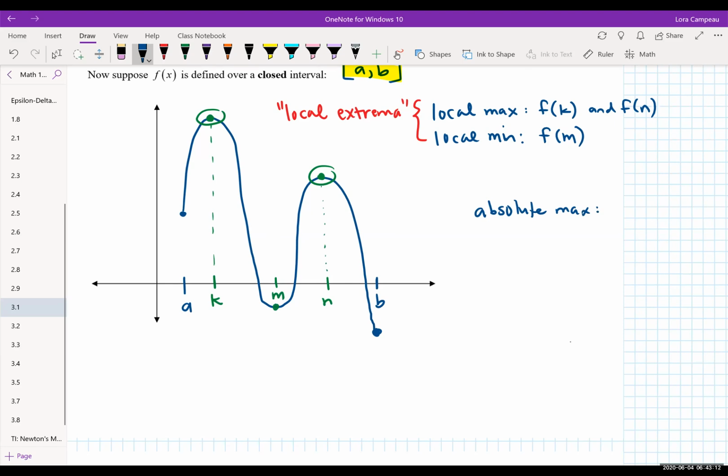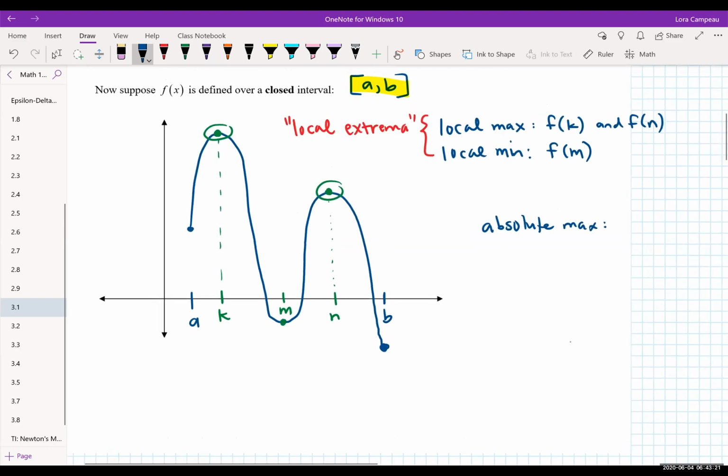So let's look for the highest of the highs. The absolute max in our case is going to be f of k. Makes sense? Okay. And then if we have the absolute min, this is what we have to be careful about.